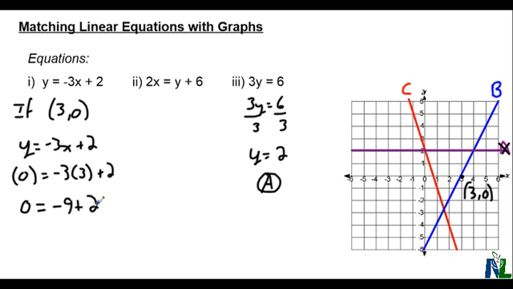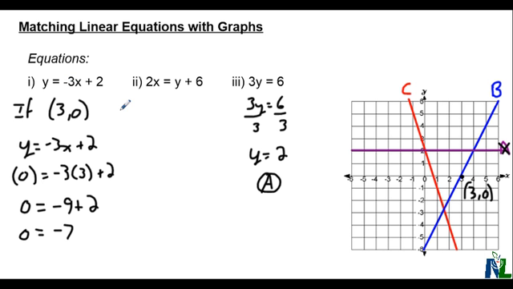Immediately now I can realize these two sides are not going to be equal because it's saying that 0 equals negative 7. So this coordinate is not on the line for this particular equation. So I know that equation 1 does not work for line B.